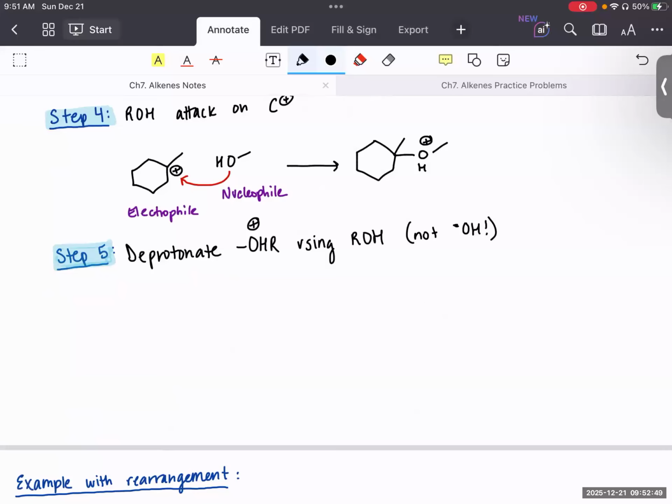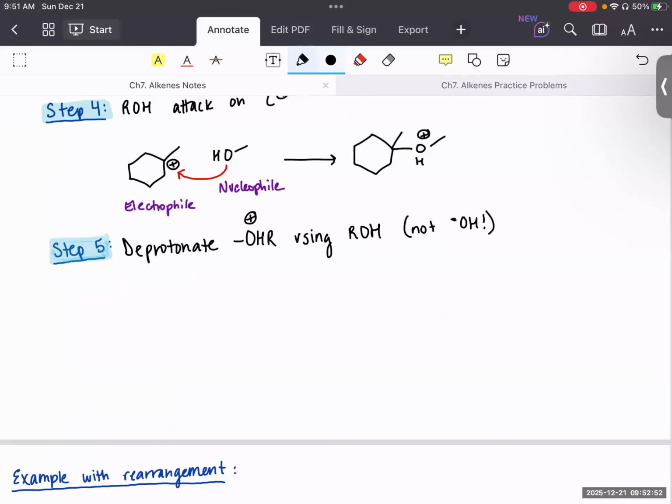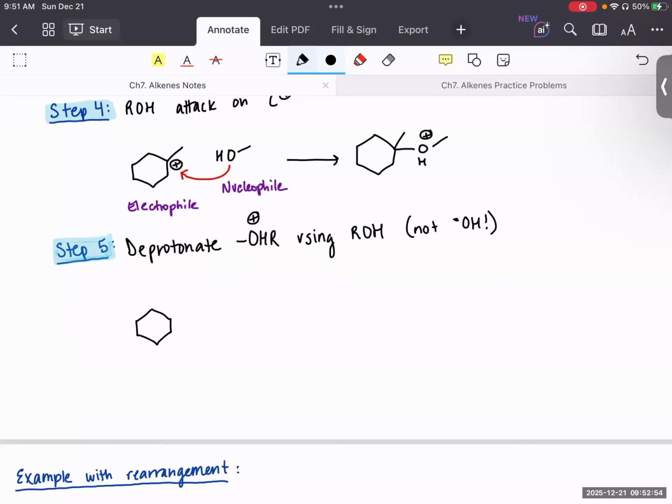And so our last part of the mechanism is going to be to deprotonate using another methanol. And again, we never want to use the deprotonated one here because we're in acidic conditions, we don't have any base around or negatively charged base around.